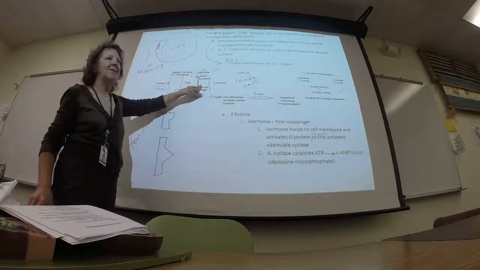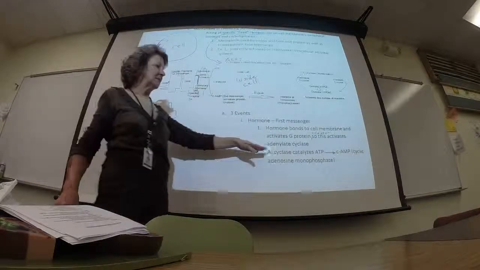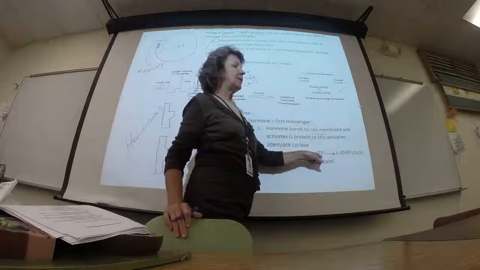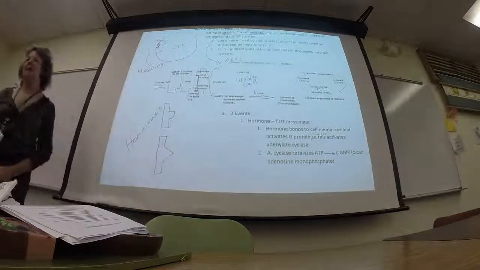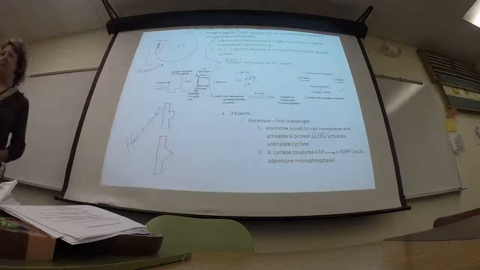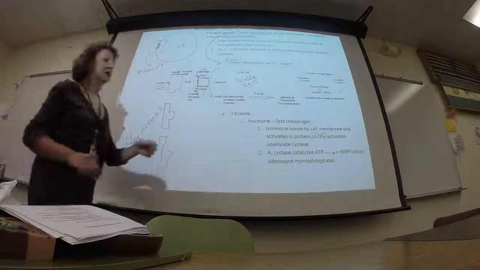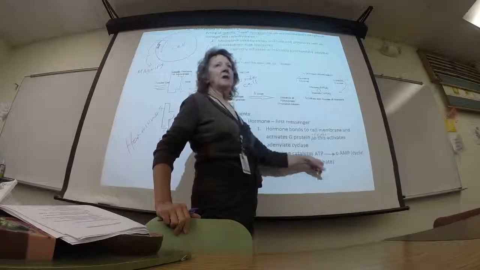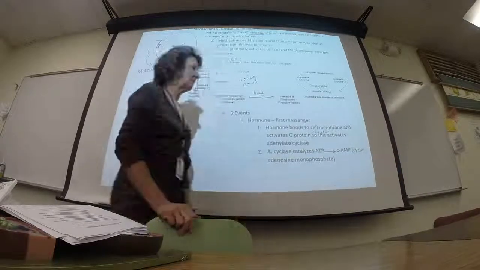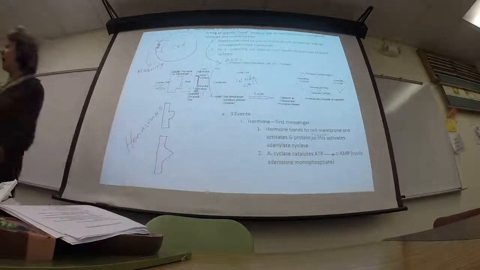So now we have that turned on. What does adenylate cyclase do? It breaks down ATP, but it doesn't just break it down to ADP and phosphate. It breaks 2 phosphate groups off of it, so it becomes cyclic AMP, adenosine monophosphate. Who cares?